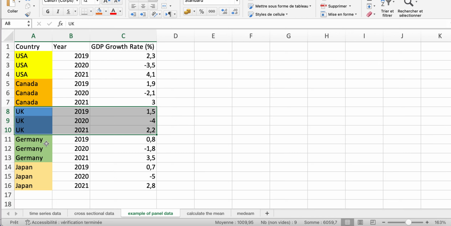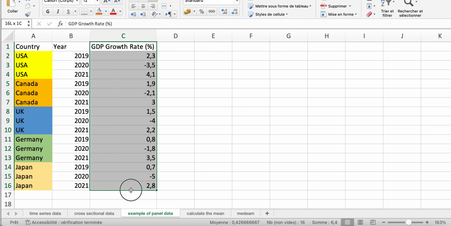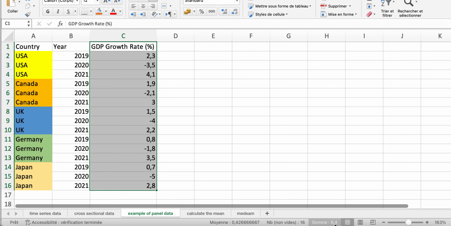We grouped 5 countries, 5 time series, in the same data set. So this data set is called panel data: the GDP growth rate for 5 countries from 2019 to 2021.